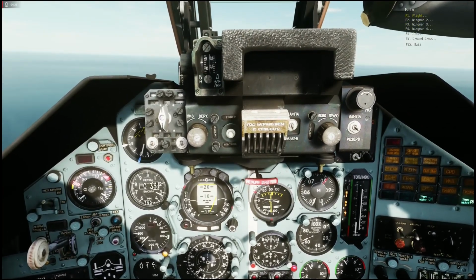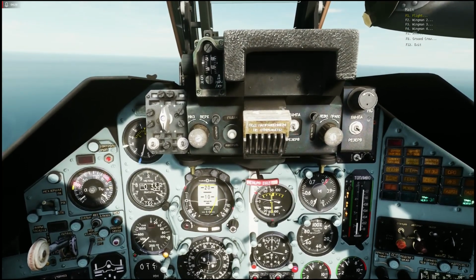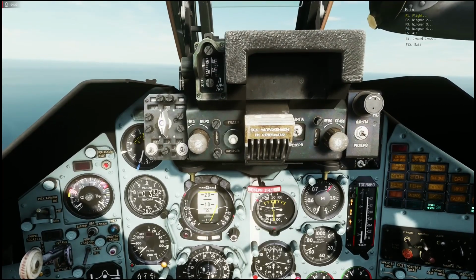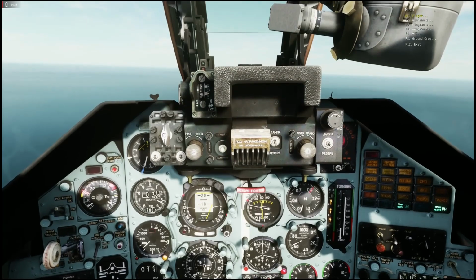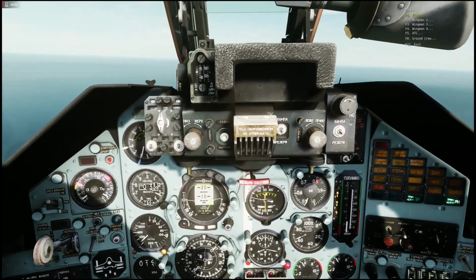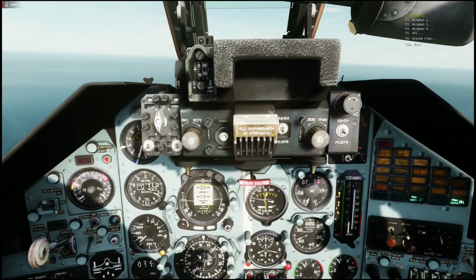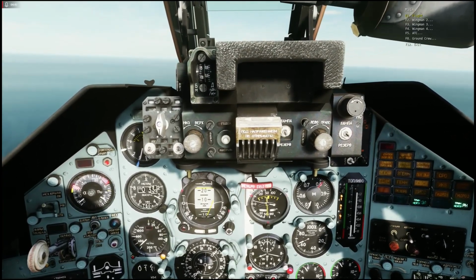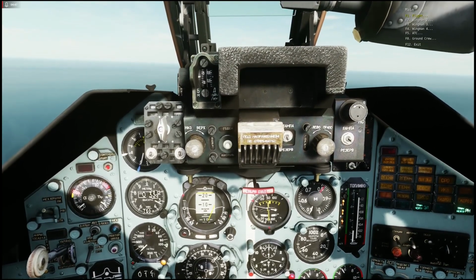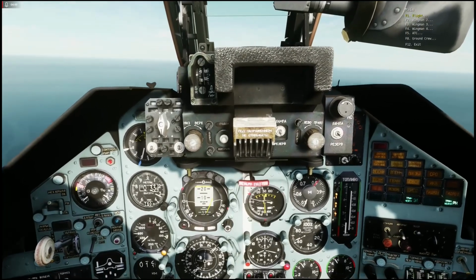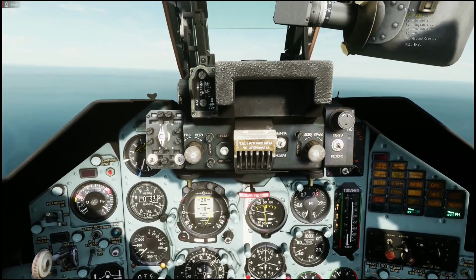That means I will try to keep the vertical line completely centered on my dot here. Right now it says that I should do a right roll. I will do that, and I will do the amount of roll until this line sits straight, goes right through the center here. The horizontal line is my altitude, is my glide path.